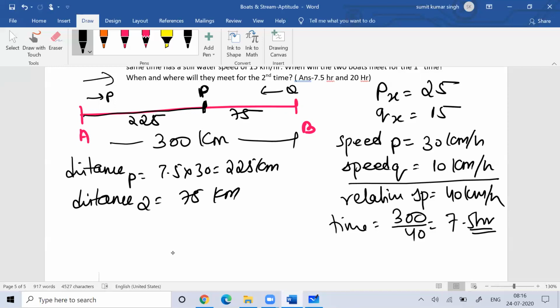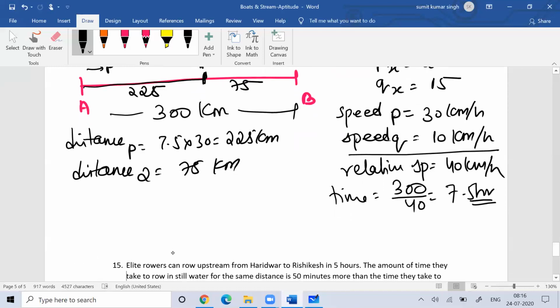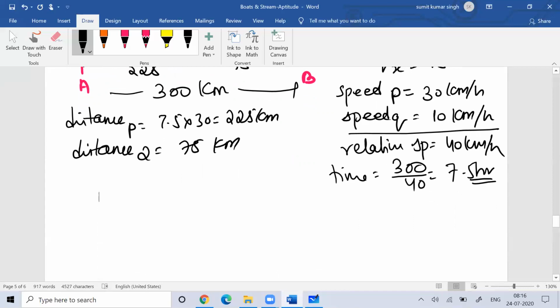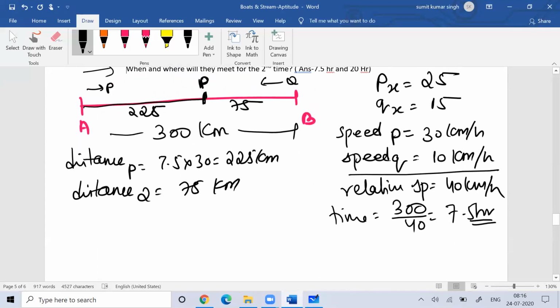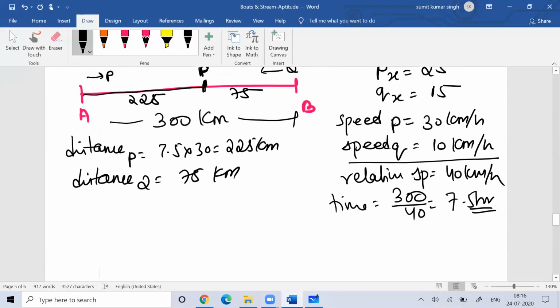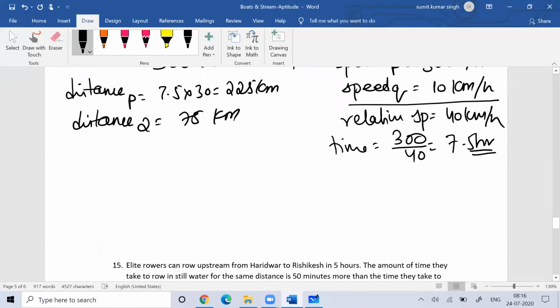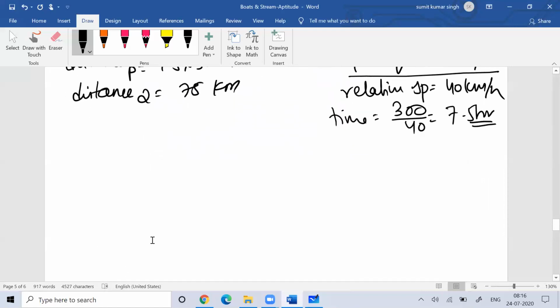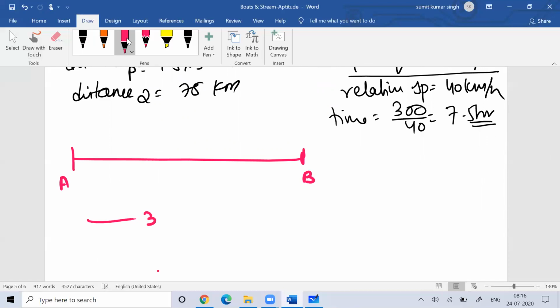Now, here is the scenario. This is A, this is B, this is 300 kilometers.